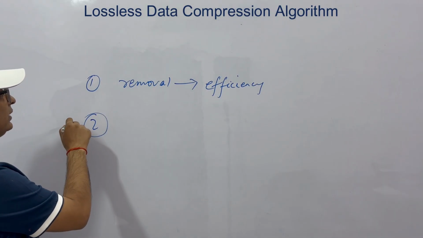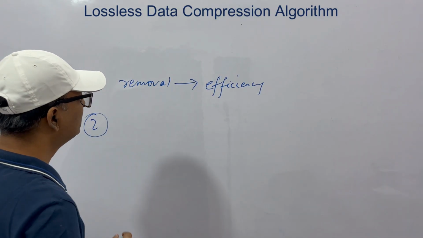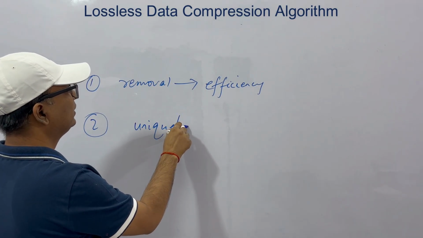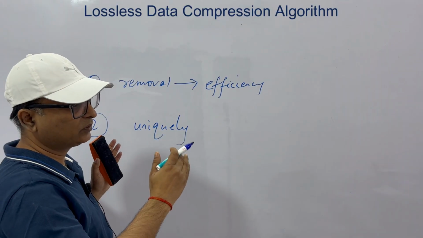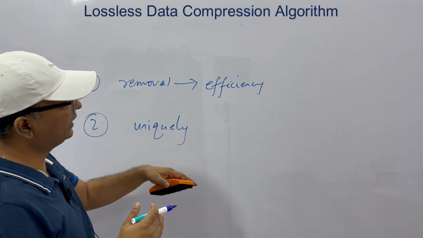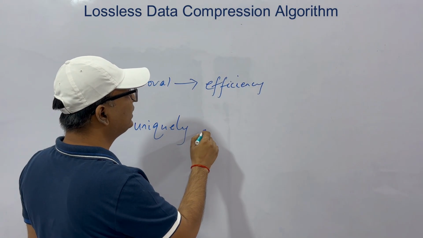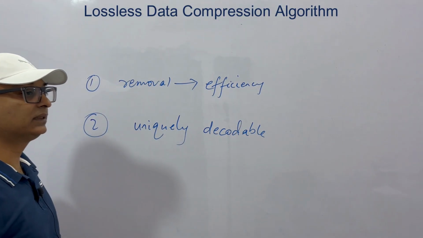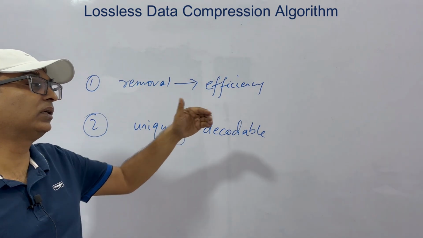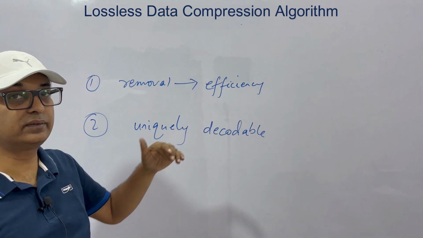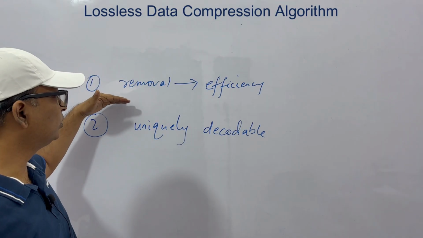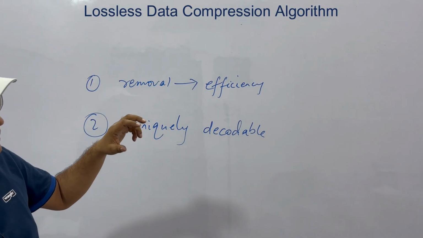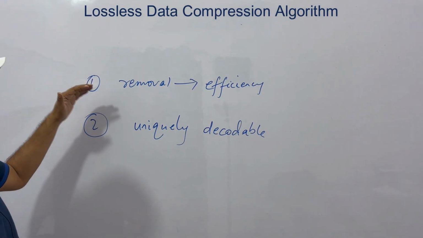The second important thing is that the sequence of bits that we generate after this algorithm should be uniquely decodable. If you encode a sequence of symbols in such a way that you are not able to decode it properly at the receiver end, then it is of no use. So there are two criteria to be fulfilled here.